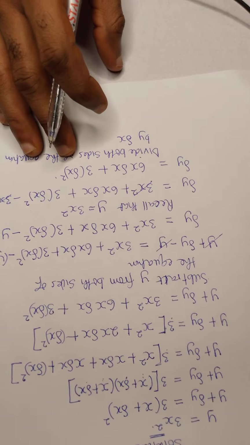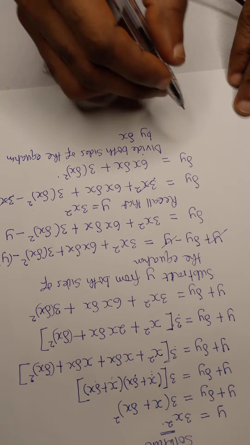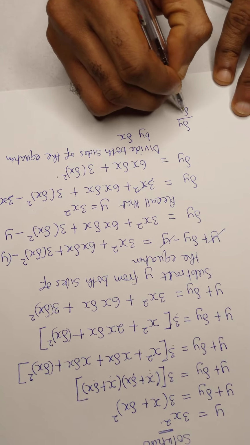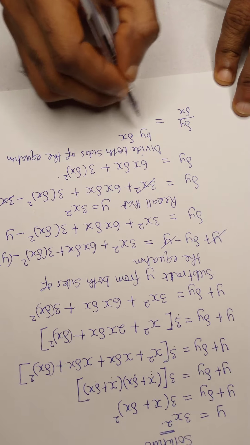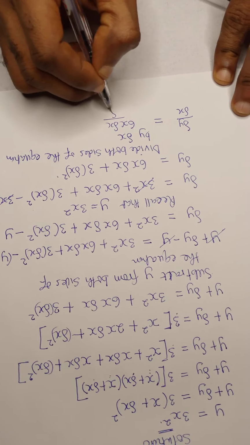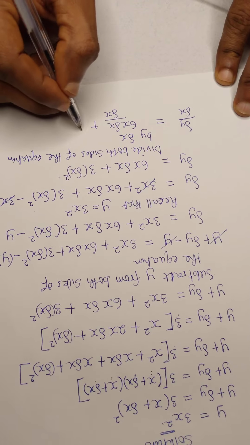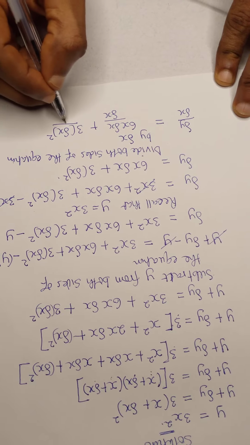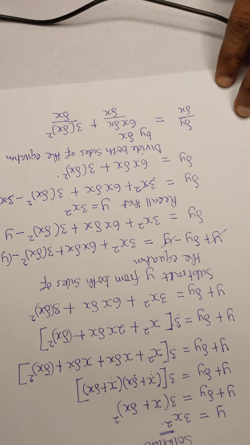So when we implement this, we are going to have change in y all over change in x, that's for the left hand side, equal to 6x change in x all over change in x plus 3 change in x all squared all over change in x.